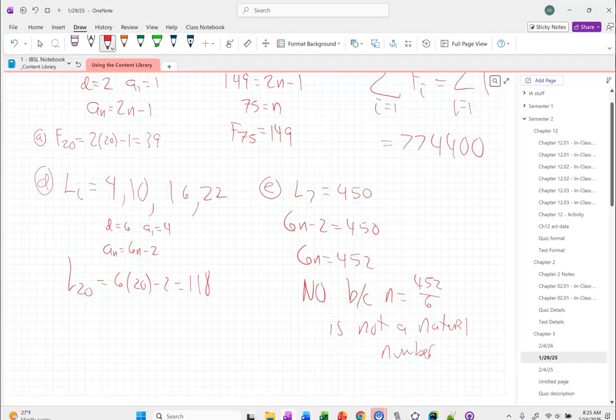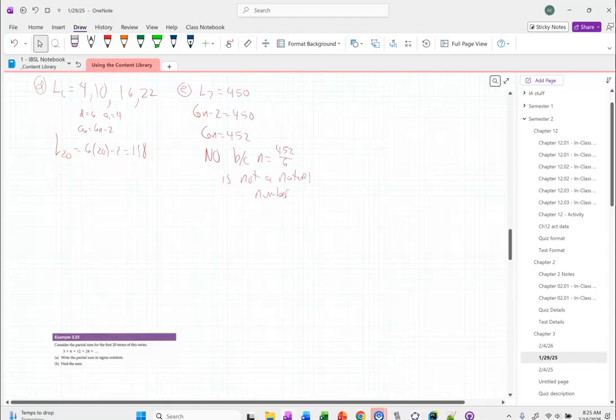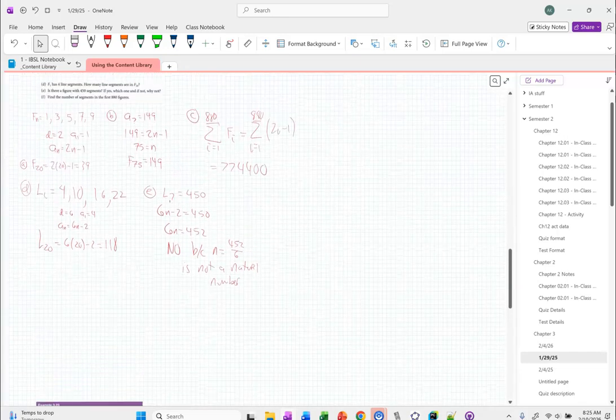I don't care what the decimal actually is. I just care that it's a decimal and not a whole number. Everybody feel good? So far, so good? Okay, and then F. Find the number of segments in the first 880 figures. Well, that's a piece of cake, right?